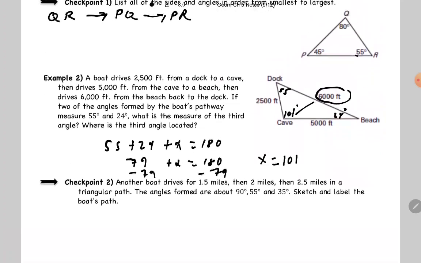Another boat drives for 1.5 miles, then 2 miles, then 2.5 miles in a triangular path. The angles formed are about 90, 55, and 35. Sketch and label the boat's path.